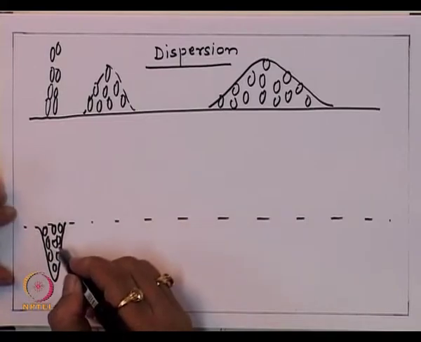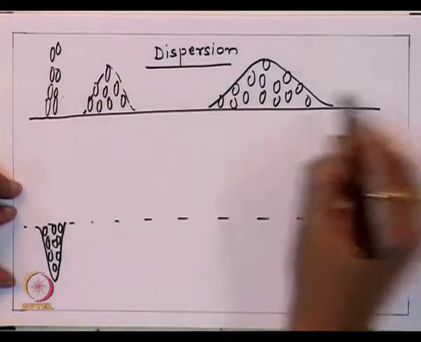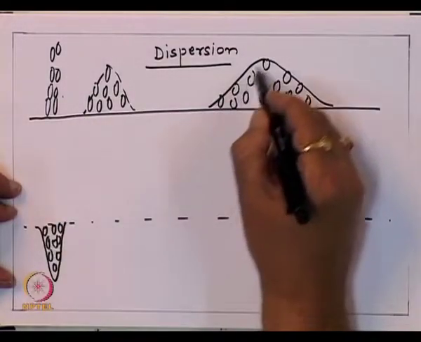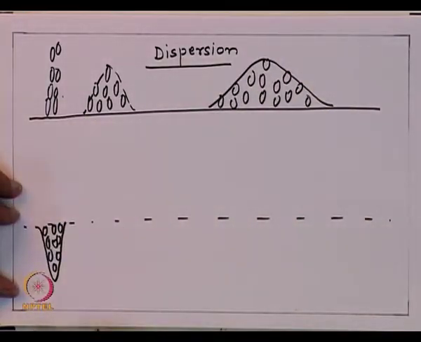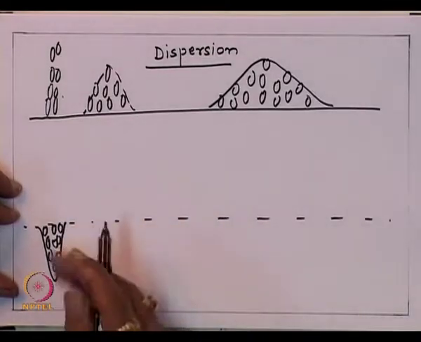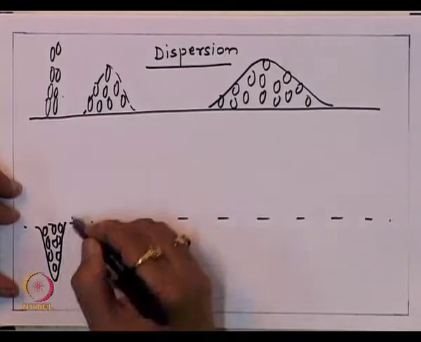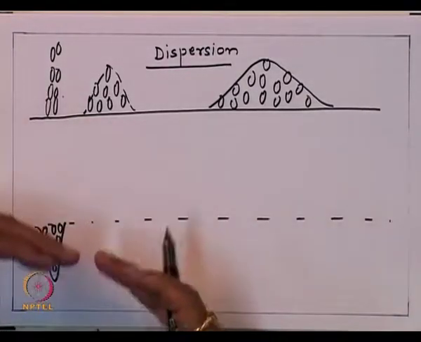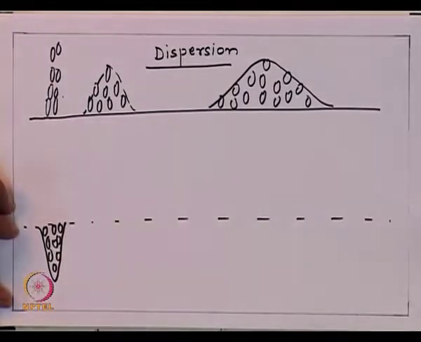Earlier, the fast runner used to run faster, the slow runner was left behind and the pulse used to get broadened. But in this situation, the fast runner has to run up the hill because the slope is like that, so his efficiency of running is reduced. He cannot run as fast as he was running before.